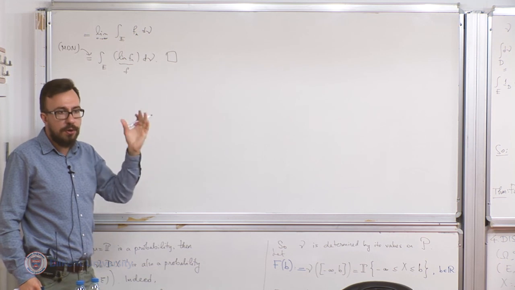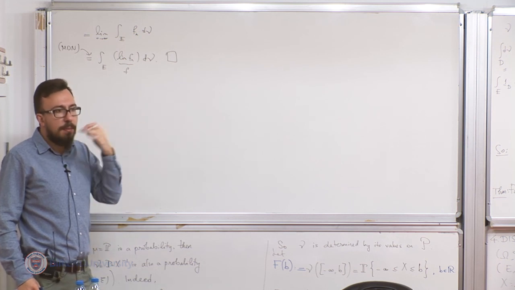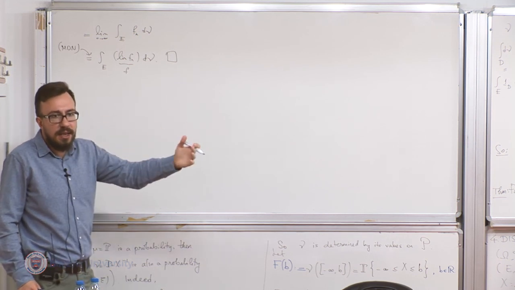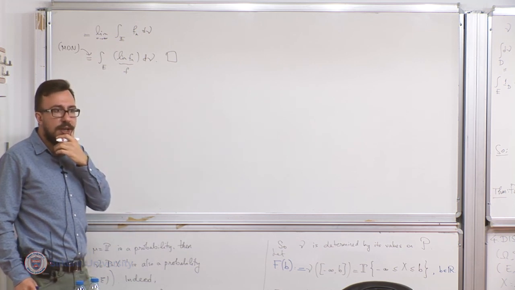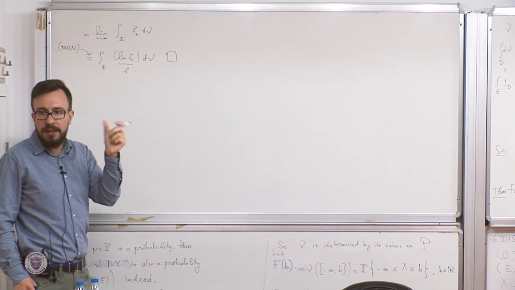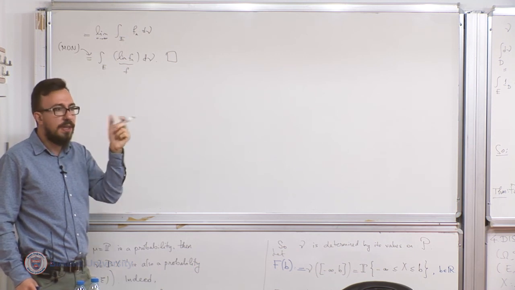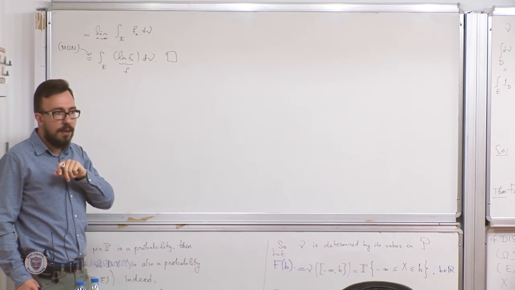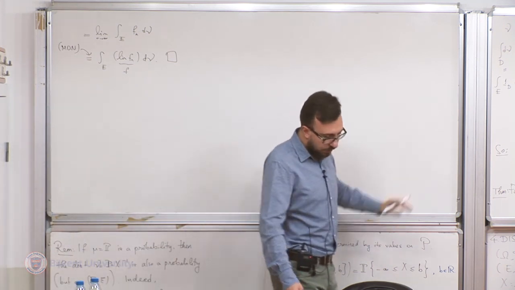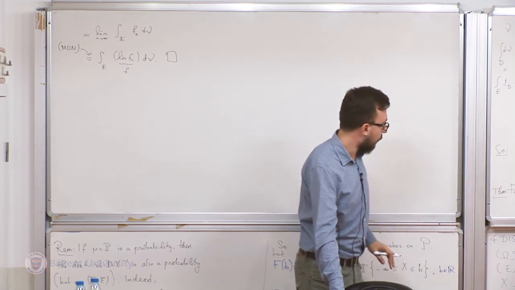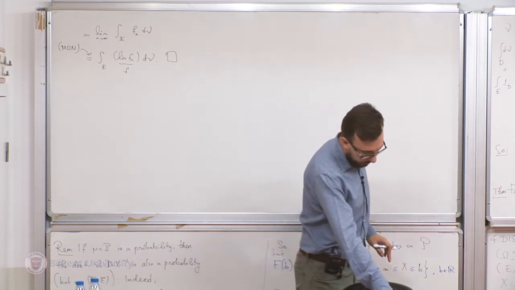You can do all your theory with positive measurable functions. But if you like, you can always extend it to arbitrary measurable functions. But then you have to worry about the integrability if you have the infinity minus infinity case. This you don't have in positive functions. That's why we state this theorem for positive measurable functions.